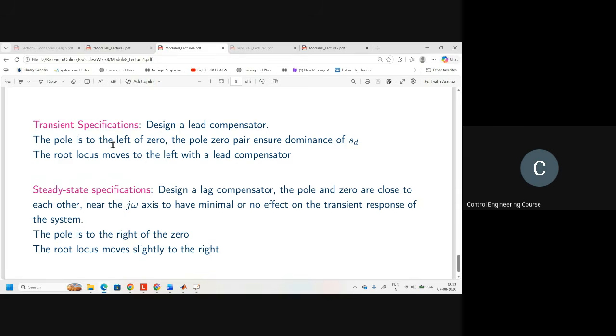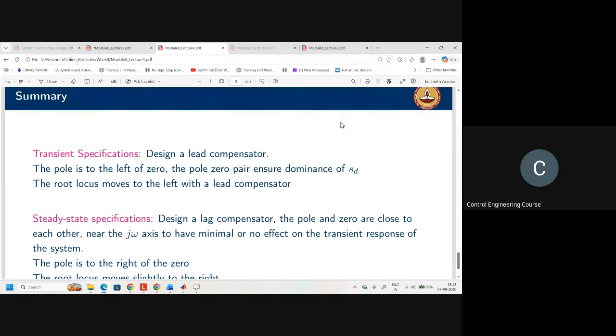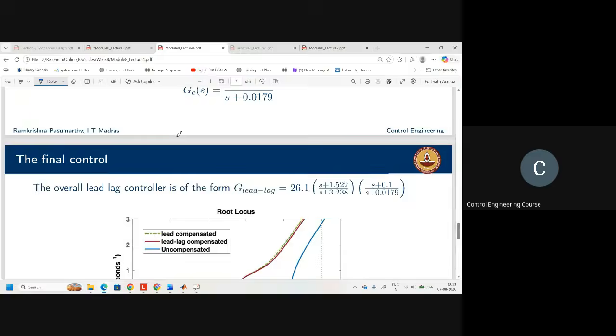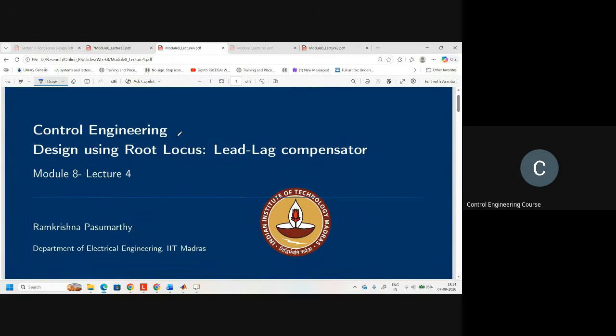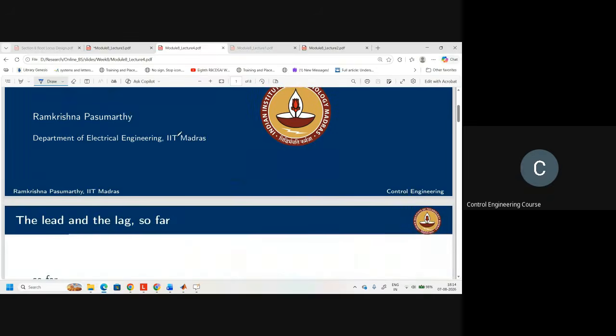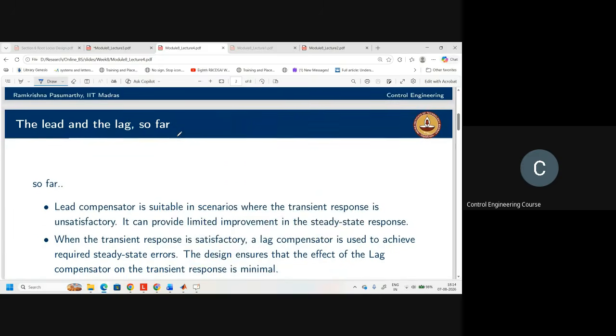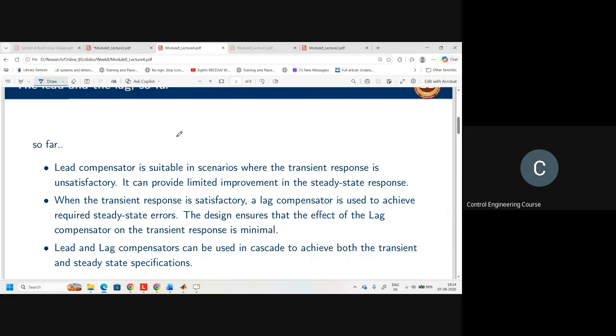So in the lead compensator, the pole is left of the zero. I'm just going through the other slide. So the lead lag compensator satisfies both transient response characteristics as well as steady state characteristics.